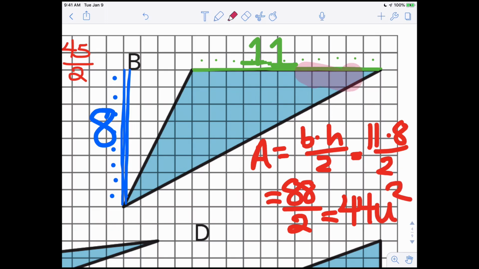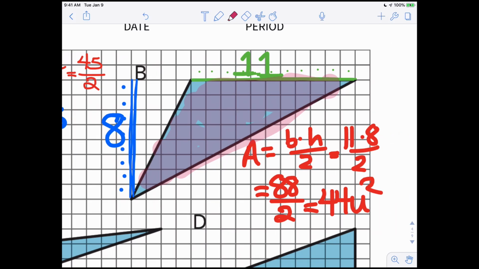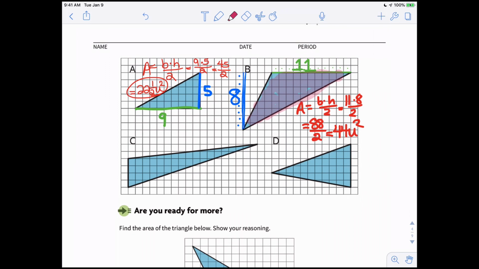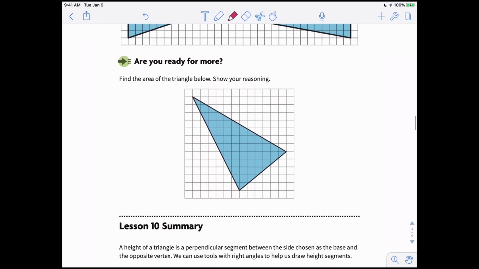So this huge triangle here is made up of 44 square units. I don't know if it looks like it, but that's the right answer. So that's the idea for all of these problems. I'm going to leave it up to you to do the remainder of those triangles.